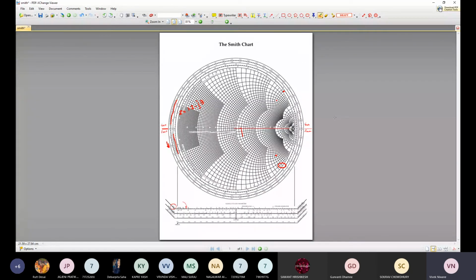And tell everyone, do not miss this session because this session is very important as far as your theory exam is concerned. We are going to see only two numericals, and those two numericals will be general numericals. From those, you can solve any numerical based on the Smith chart.